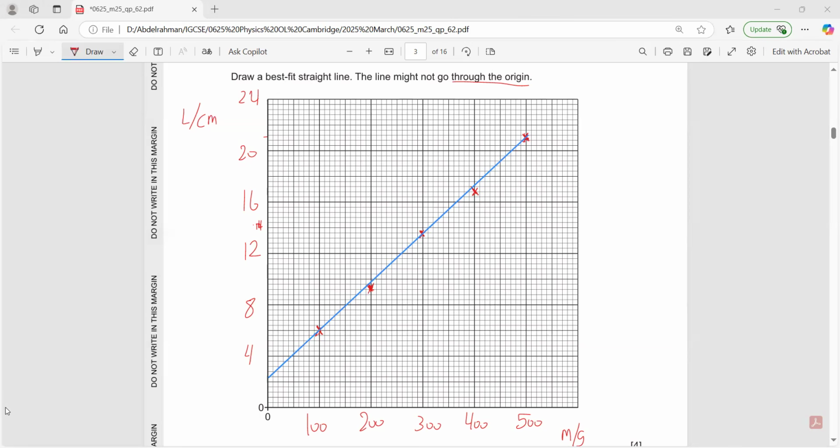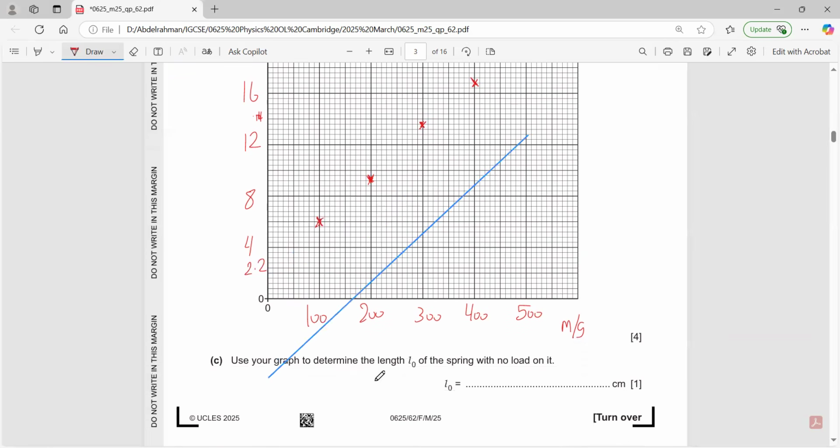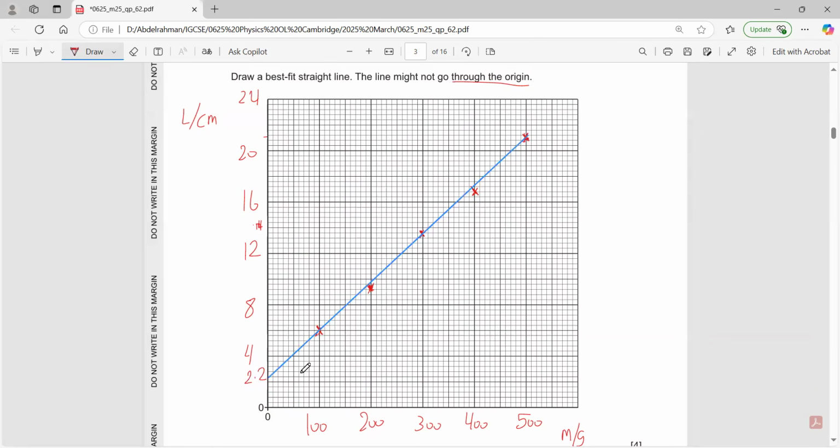If you say 2.1, 2.2, 2.3, that would be the y-intercept, around 2.2 or 2.3. Let's go for 2.2. Which is the next question? Next question, he's asking, use the graph to determine the length of the spring with no load on it. So with no load on it, we found that the length is 2.2.